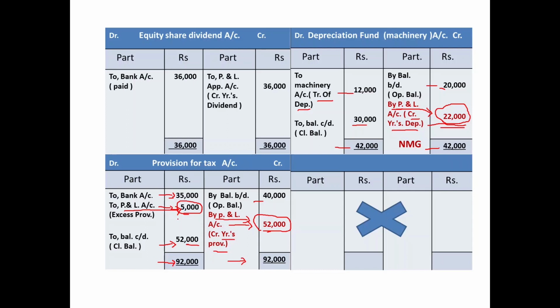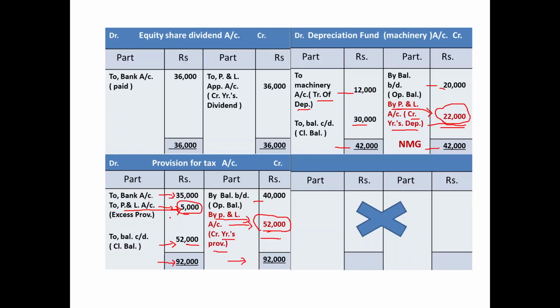Reverse impact. कंपनी ने प्रॉफिट एंड लॉस अकाउंट में क्रेडिट करके इस साल के प्रॉफिट को बढ़ाया है, तो हम रिवर्स मीन्स प्रॉफिट को कम कर देंगे. And you know how to reduce the profit by reporting this 5,000 on the right hand side on the minus side of profit and loss account.